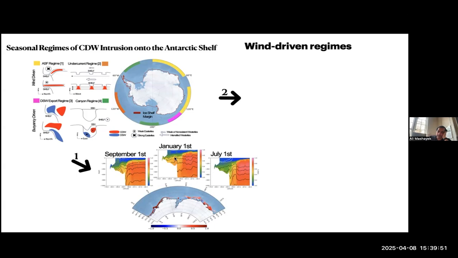And here in this region, the winds are westward, so easterly winds. And as a result, they push waters down. And when you go into the summer, the wind slows down and that pushing down stops. And so the deeper waters, circumpolar deep waters that are warm, can actually come further close into the cavity.